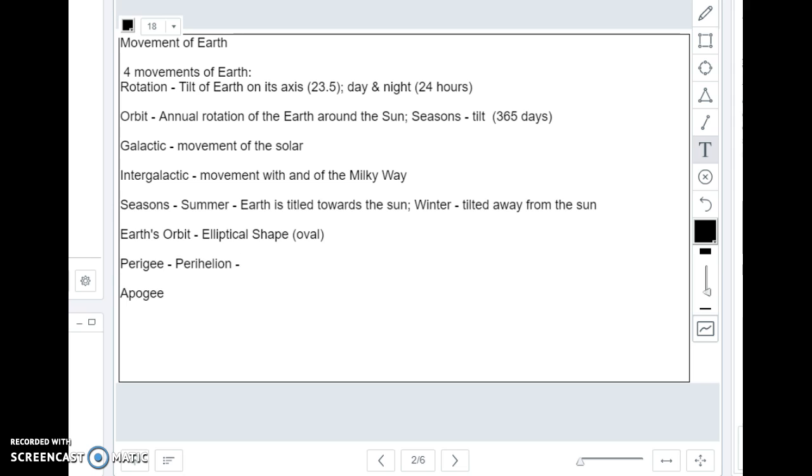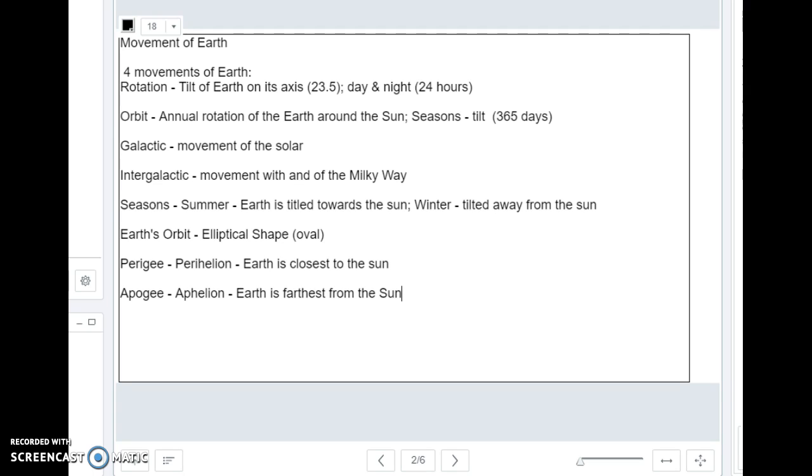So when we're talking about these terms, we're talking about when Earth is closest to the sun. And when we're talking about apogee or aphelion, we are talking about when Earth is farthest from the sun. All right, so be sure that you can distinguish between those two terms.